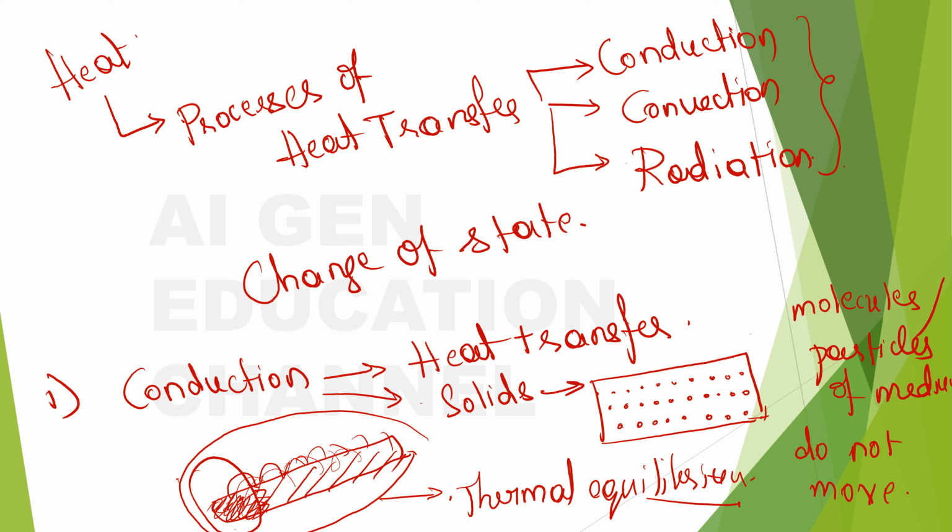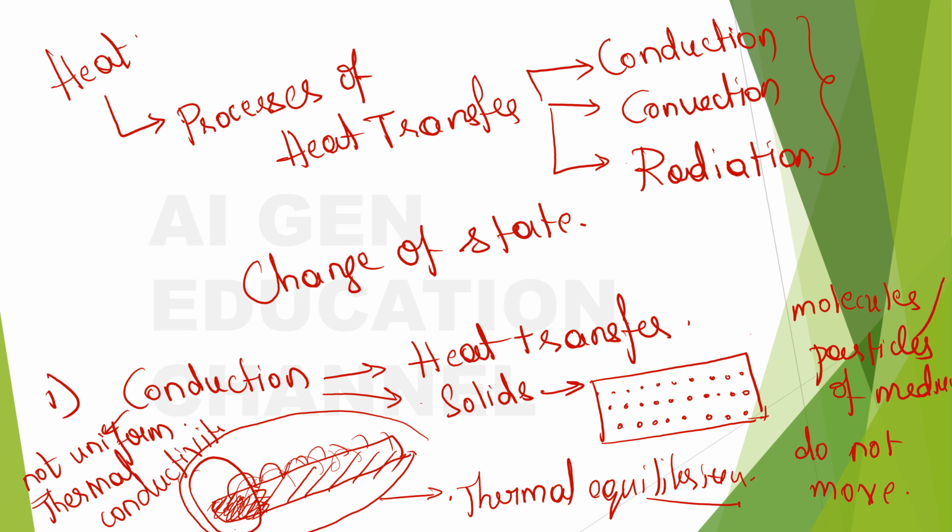And apart from this, the other important thing is that the rate of conduction is not uniform in all types of solids, right? It varies depending upon the nature of the object that you are considering. So it actually depends upon the thermal conductivity of the object.